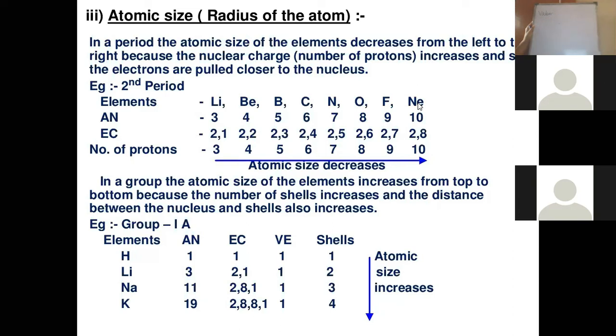But if I talk about chlorine, chlorine has 2, 8, 7 electrons. So who will experience more electrostatic force? It is chlorine as compared to lithium, because in lithium there is only one electron in the last shell, that is the valence electron.